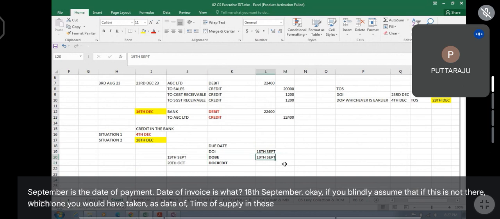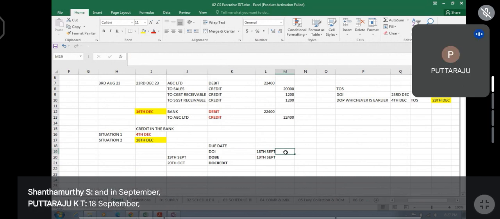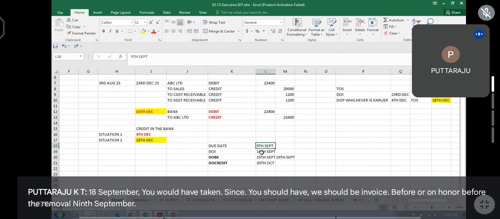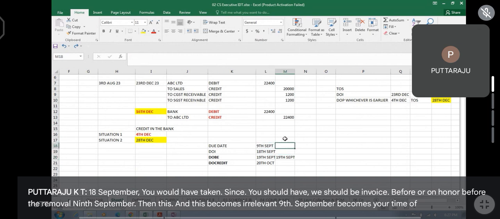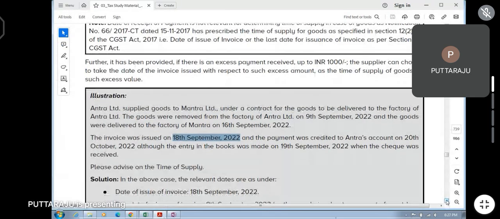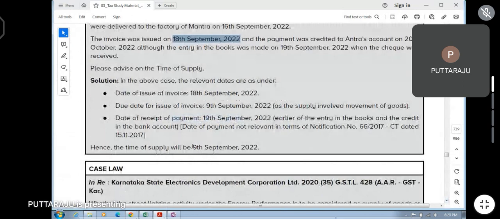But since you should have issued the invoice on or before removal, 9th September, these others become irrelevant. 9th September becomes your time of supply. Understood?